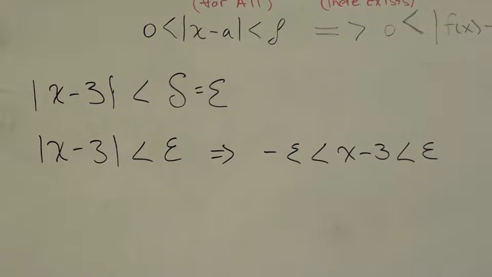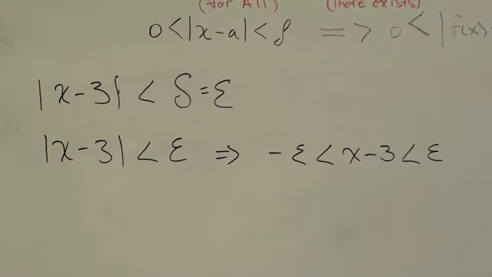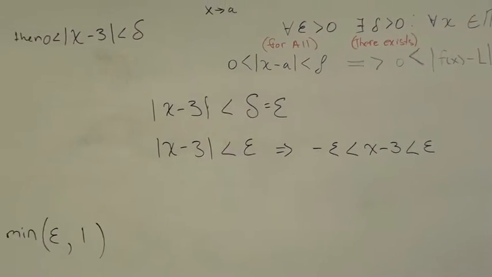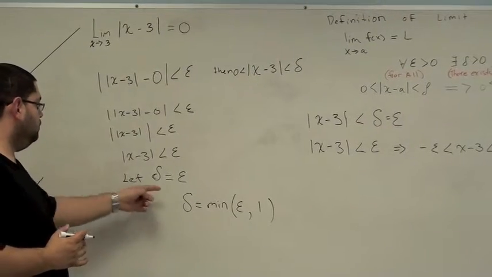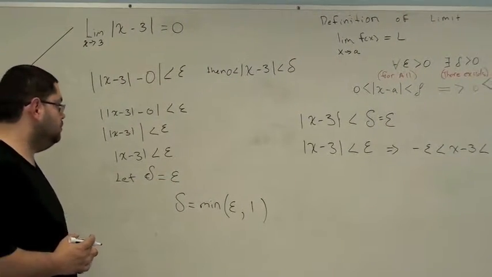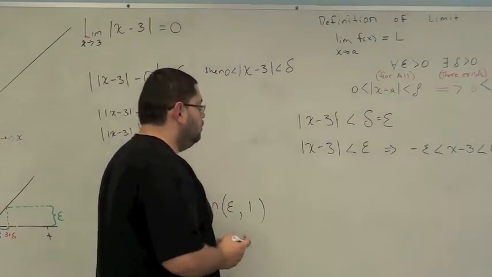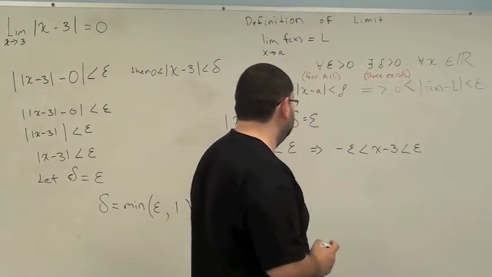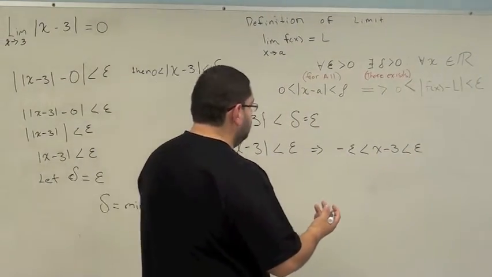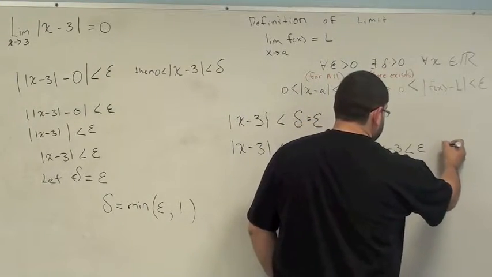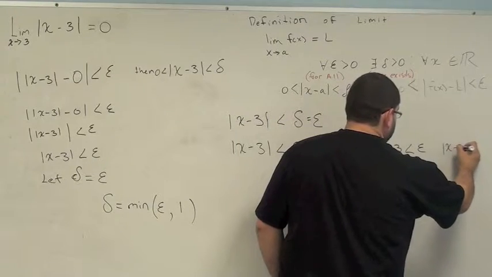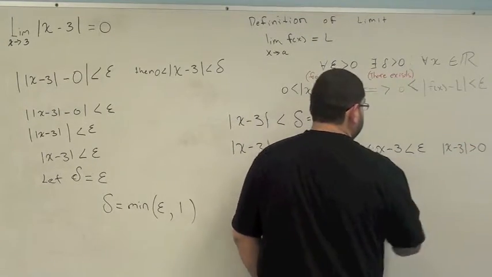Now, the idea of all this work is to get back to where we started. If we get to this part without any problem, we just prove that our delta will be equal to our epsilon. So starting from here, we know that we want epsilon or delta greater than 0.